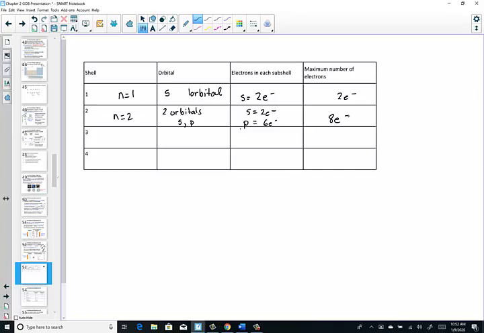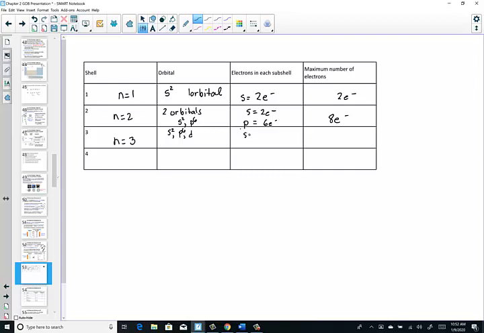In our third energy level, we have 3 different types of orbitals: an S-shaped orbital, a P-shaped orbital, and a D-shaped orbital. Remember that S's can hold at maximum 2 electrons. At maximum, P's hold up to 6 electrons.